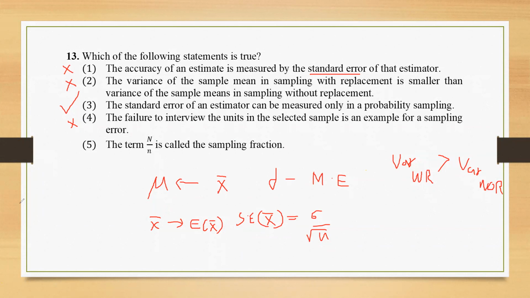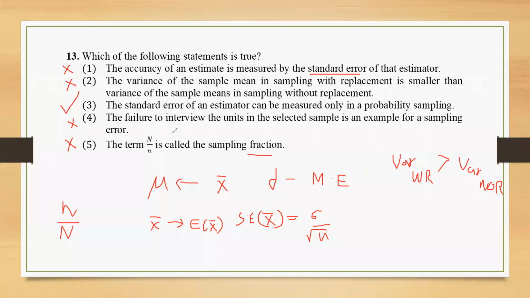Sampling fraction එක කියන්නේ simple n divided by capital N. Simple n අපි capital N ගෙන් බෙදුවම sampling fraction. Capital N simple n ගෙන් බෙදුවම අපිට එන්නේ sampling interval. හරිනේ? ඒ නිසා මේ පස්වෙනි එක වැරදි.